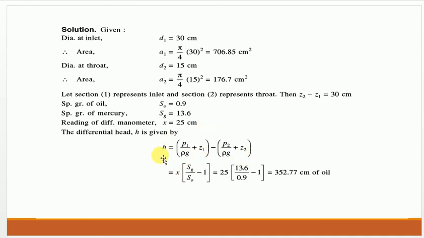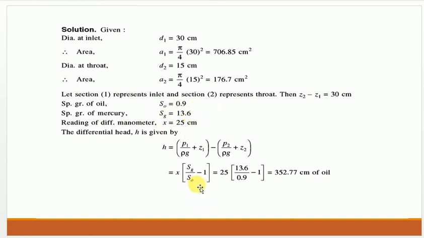As you know, H will be equal to (Sh by S0 minus 1) times x, for a heavier liquid in the manometer compared to the liquid that flows in the pipe. Here the fluid flowing in the pipe has a specific gravity of 0.9, and the specific gravity of mercury in the manometer is 13.6.